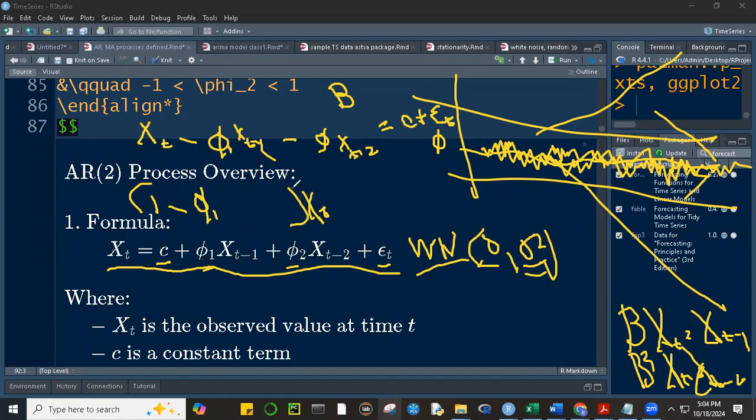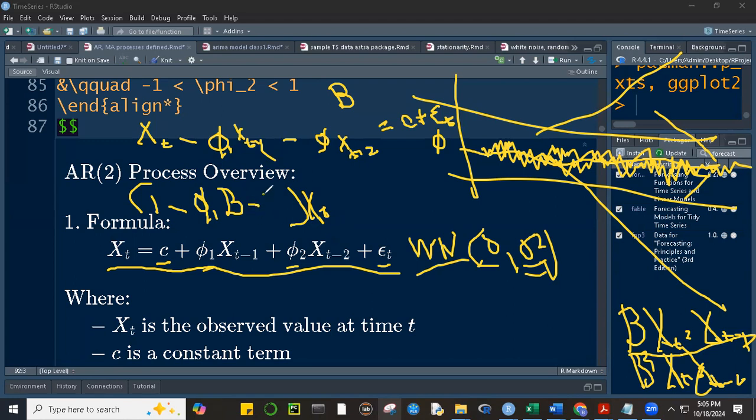And then, x sub t minus 1 to, di ba? I can write this as B. Kasi class, pag dinistribute ko to dito, magiging phi1 times B x sub t. Take note that B times x sub t is equal to x sub t minus 1. So tama to, no? Okay, x sub t minus 1, we represented it by B times x sub t. Naka-factor lang si x sub t.